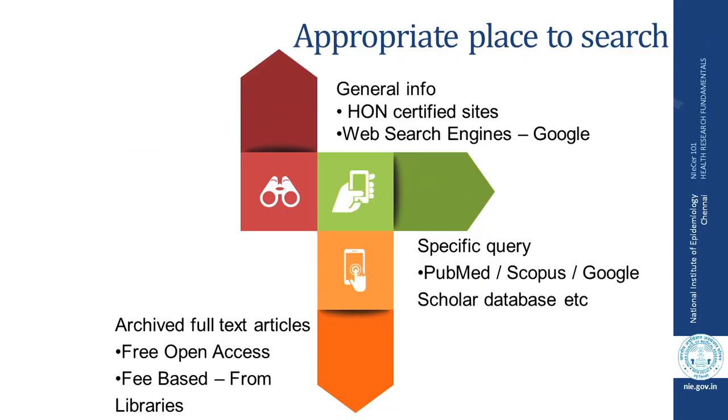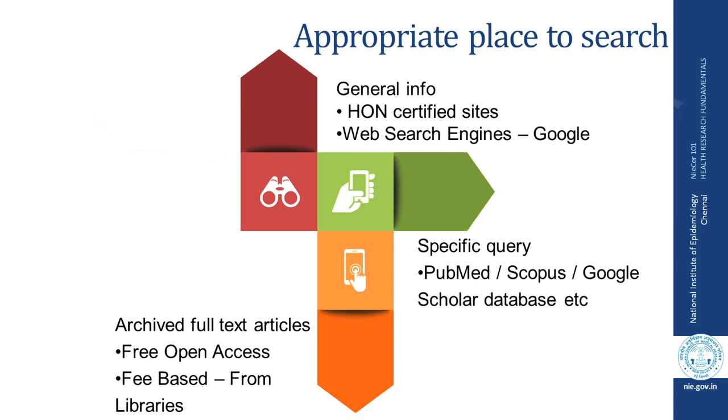It may be Scopus, which is also a huge database, or even Google Scholar, which is another portal where a huge collection of citations and abstracts across the literature is available. From this, with a specific query you can retrieve the required article or manuscript which you are trying to search. And third, it may be from your archived full text articles.